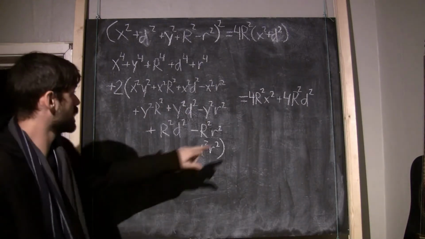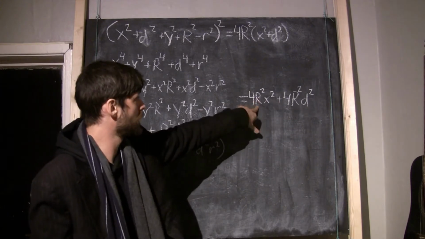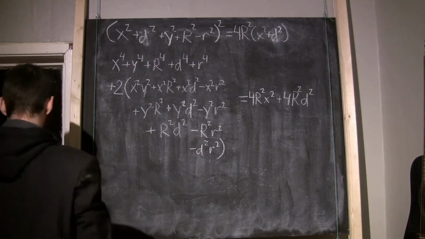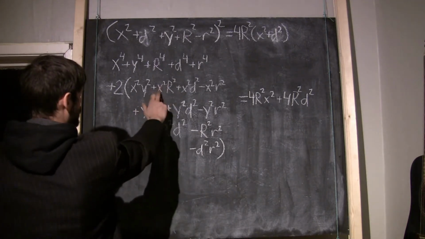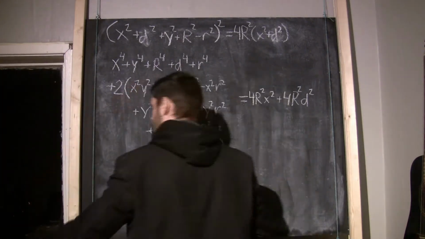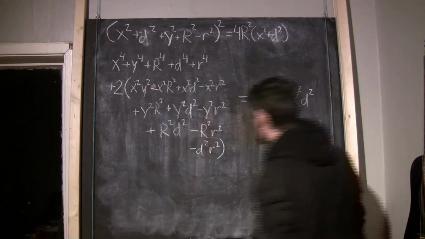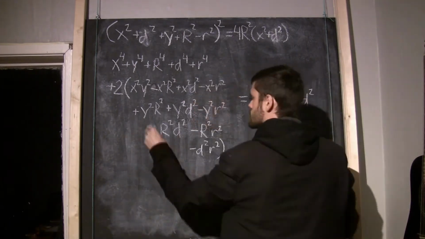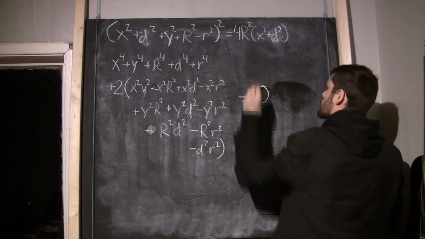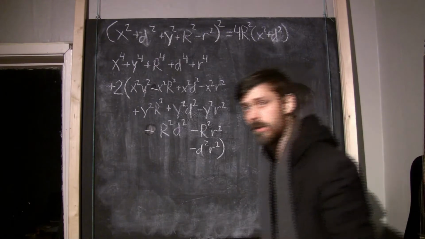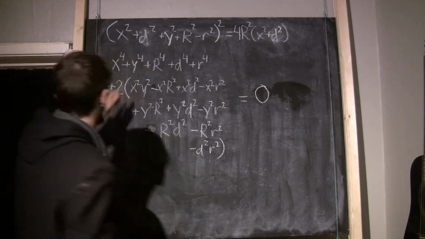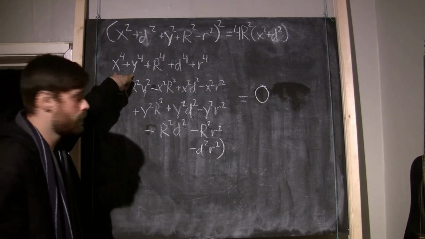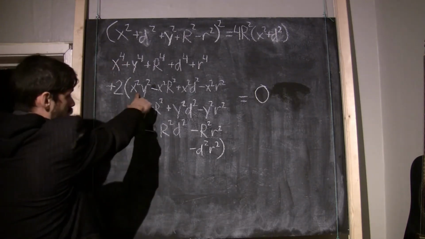Take note that we have big R squared x squared. If we subtract this from both sides, well then this one becomes negative. Same thing to this one. And now we'll collect some terms. So we have the x and the y to the fourth, and we have this xy term.